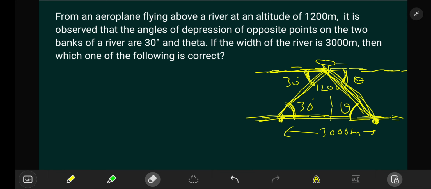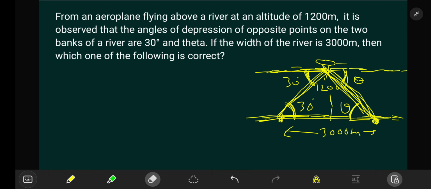Now what they are asking, what is theta? Theta value they are asking. Now apply tan 30 degrees. Suppose, let me draw this diagram.